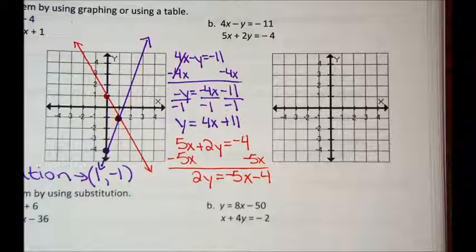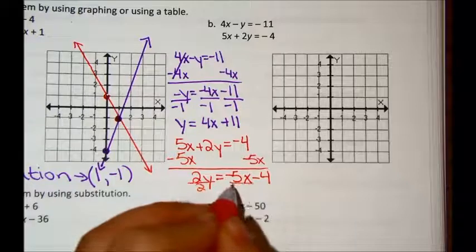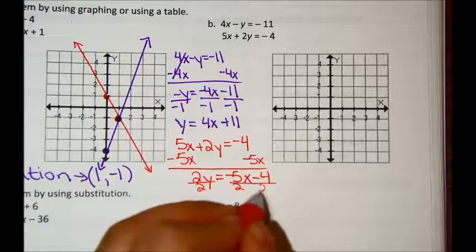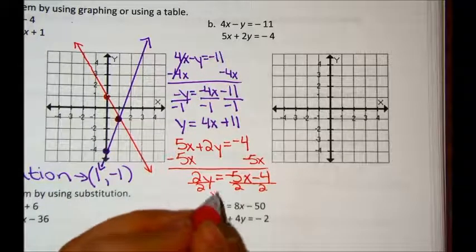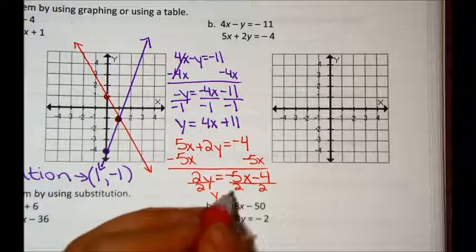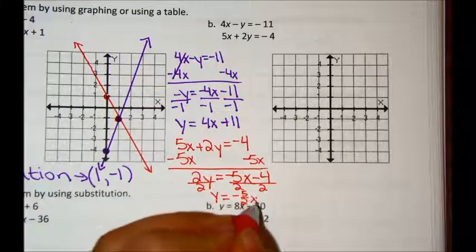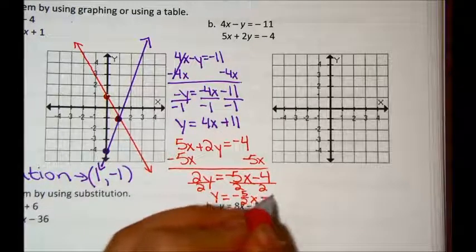Then I need to divide by 2 all the way across. Finally giving me y equals -5 halves x minus 2.